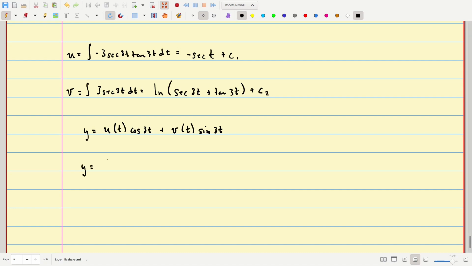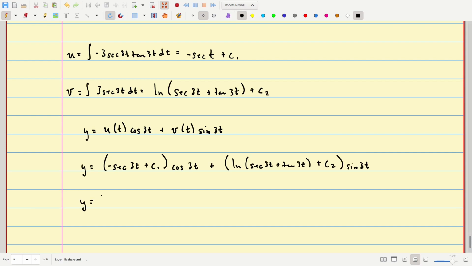We substitute in our functions. We're going to have negative secant 3t plus c1 cosine 3t plus the natural log of secant 3t plus tangent 3t plus another constant, sine 3t.